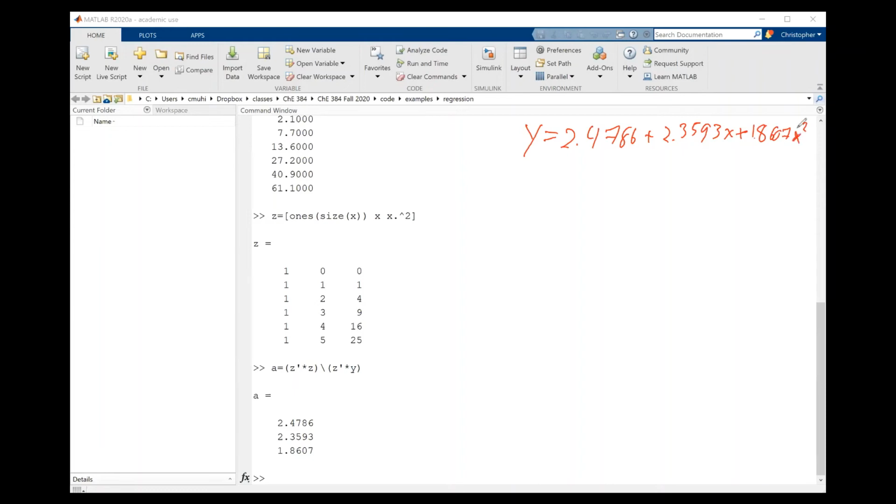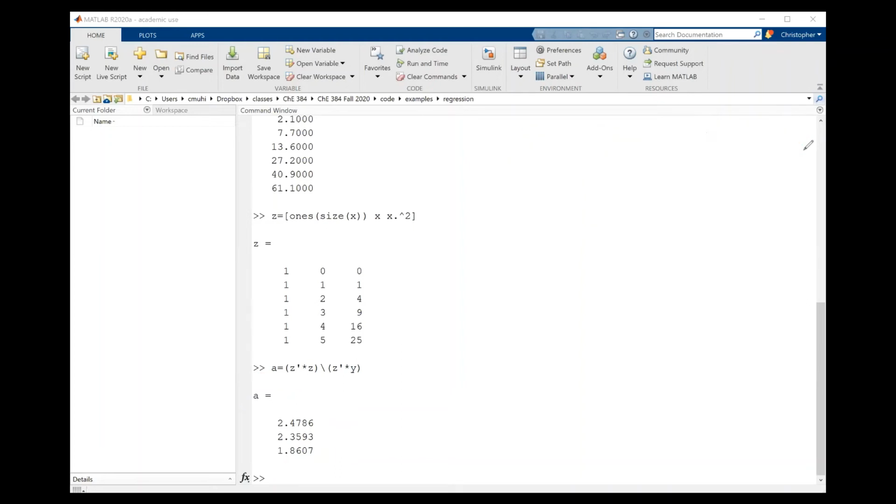Okay. We now have an equation for x. Let's go in and calculate out our errors in MATLAB.